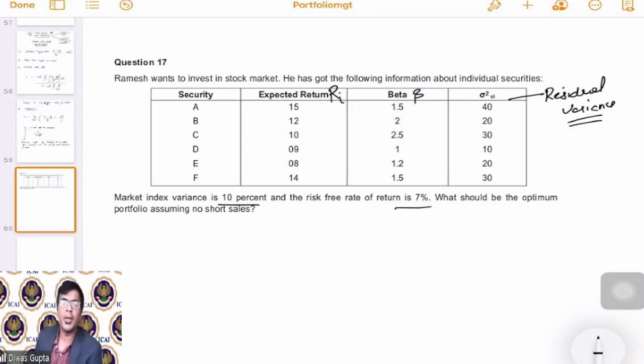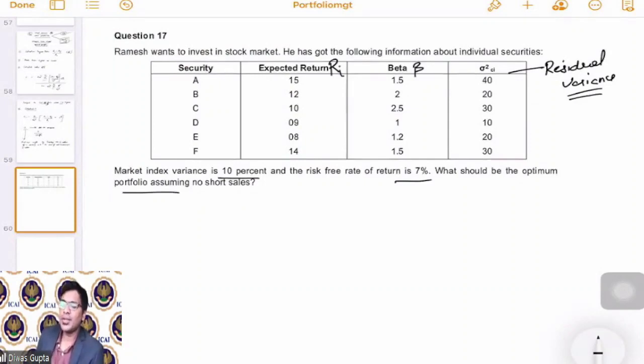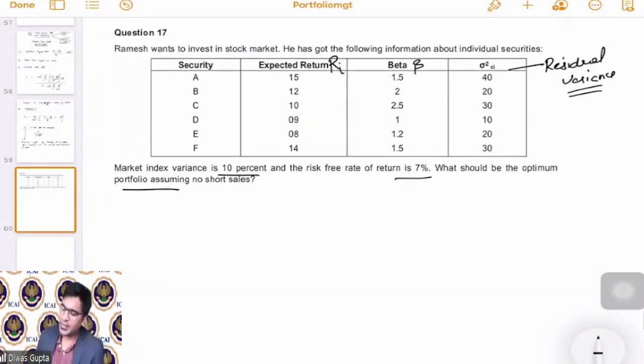What should be the optimum portfolio assuming no short sales? They are saying you have to calculate the optimum portfolio using this information. This is more than 2 securities, because 2 securities, as I told you, we will cover later.